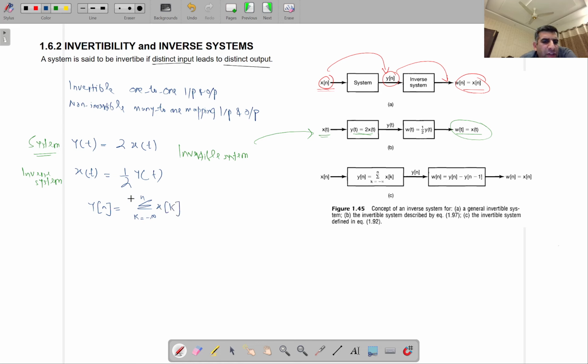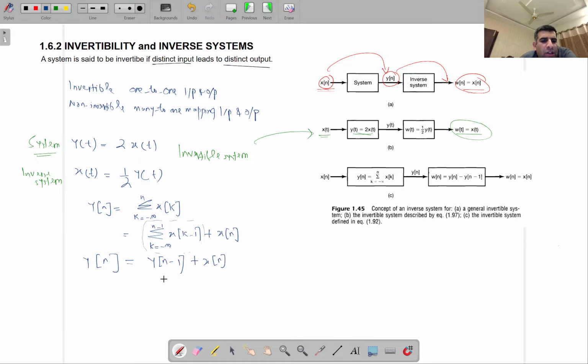For example, I can write this as the sum from minus infinity to n minus 1 of x of k, then I take the n term out, so there is another term x of n over here, and the sum is simply y of n minus 1. If you derive from here, this term is equal to y of n minus 1 plus x of n. So this is my accumulator system.